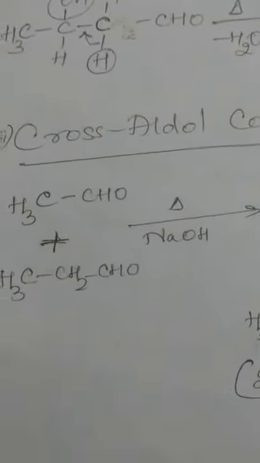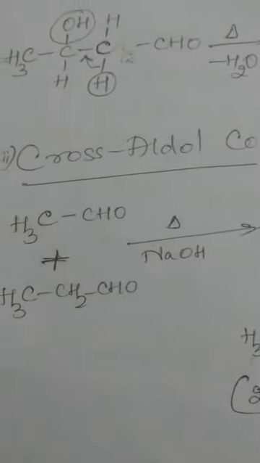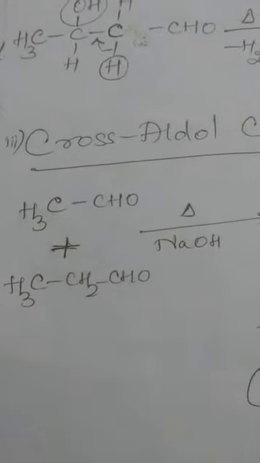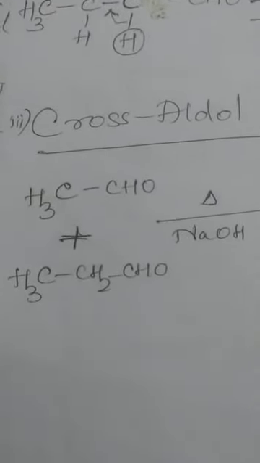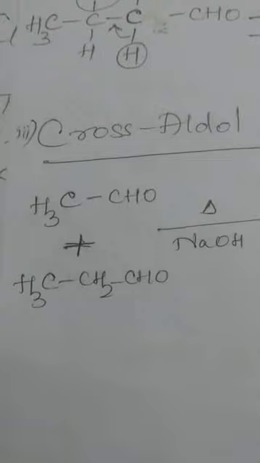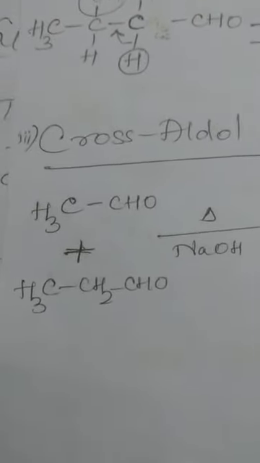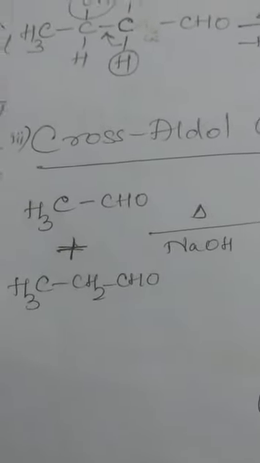Both will have alpha hydrogen atoms. So I have taken an example of CH3CHO, that is ethanal or acetaldehyde. Next is propanal, CH3CH2CHO. Try to write the products obtained in this reaction equation.